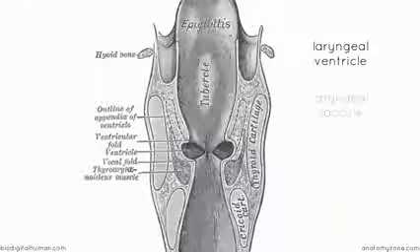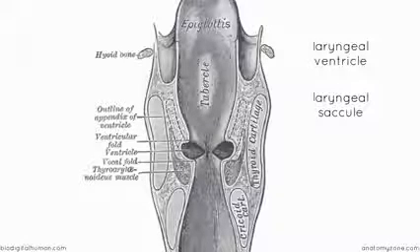This is the laryngeal saccule. So this saccule has glands which produce secretions which lubricate the larynx. So you've got the laryngeal saccule and the laryngeal ventricle, and the saccule has glands which secrete mucus to lubricate the vocal folds.